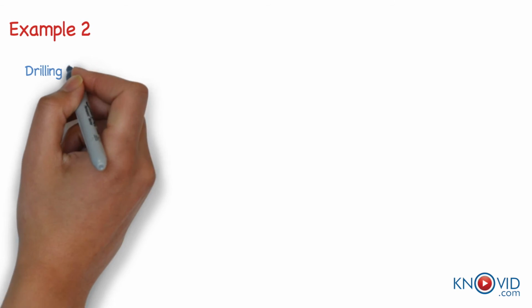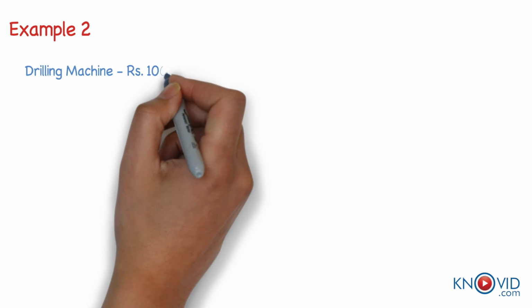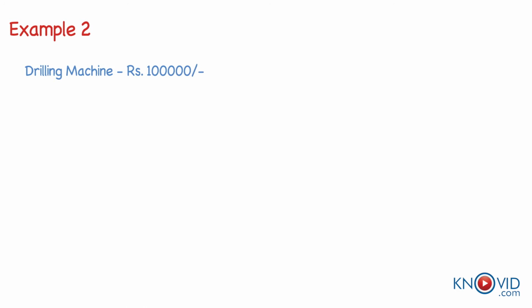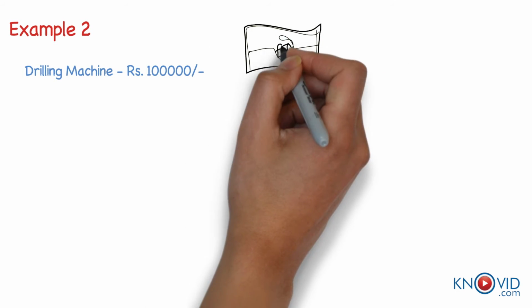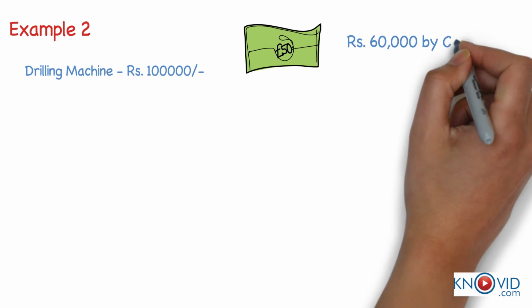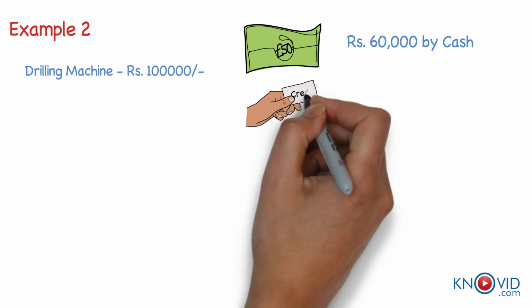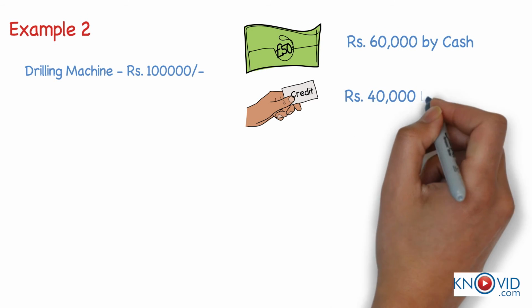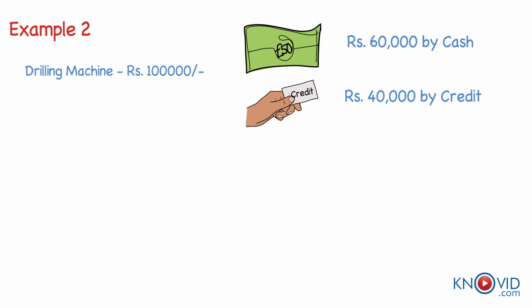Now let us consider another example where the drilling machine cost remains to be rupees 1 lakh. However, instead of entirely paying the amount by cash, the management decides to pay rupees 60,000 by cash and pay the rest of rupees 40,000 later. Let's look at the two aspects.